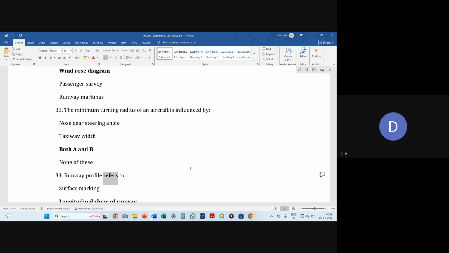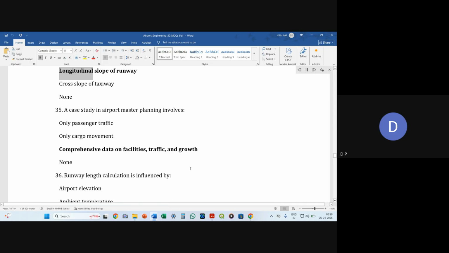34. Runway profile refers to surface marking, longitudinal slope of runway, cross slope of taxiway, none. 35. A case study in airport master planning involves only passenger traffic, only cargo movement, comprehensive data on facilities, traffic, and growth, none. 36.